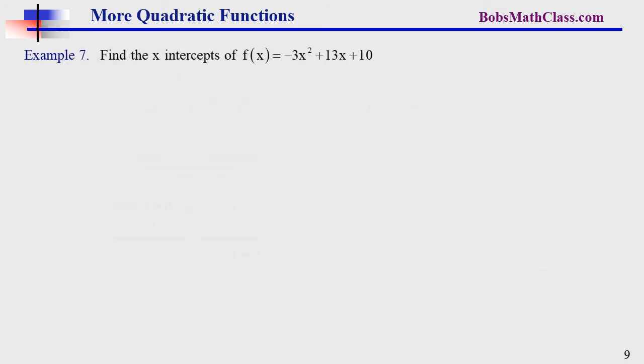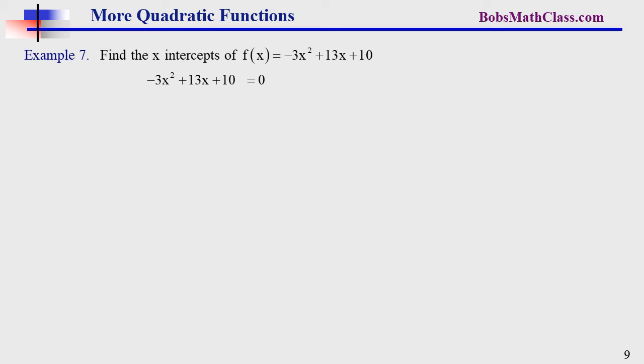All right, here's another problem. Very similar to the last one. Might want to pause the video and work it out. This one does have a negative in front of the x squared. So we usually don't want a negative there. You could factor out the negative 1, or you could also multiply both sides by negative 1.